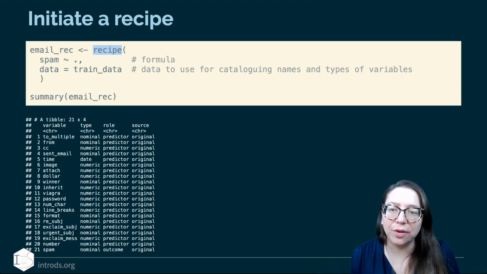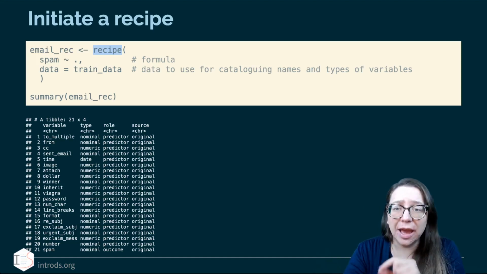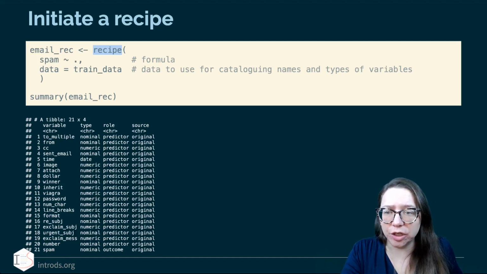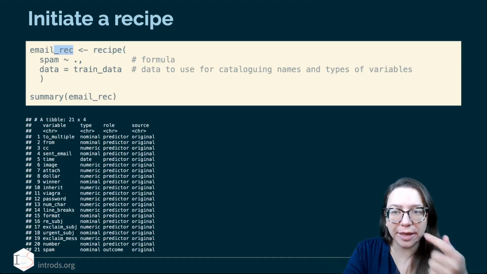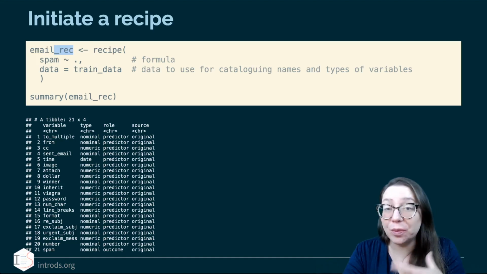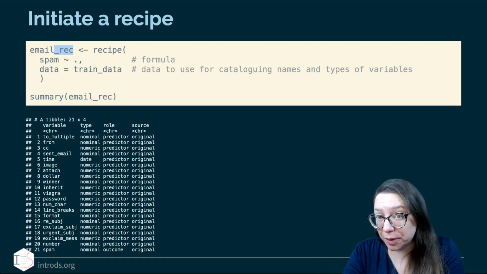So we started with the recipe function. And whenever we build a recipe, I like using _rec, so _rec for recipe in the naming. If you do this, as we've talked about with _fit for models, if you follow this naming convention, it'll be easy when you go back to your code to see what each component is.